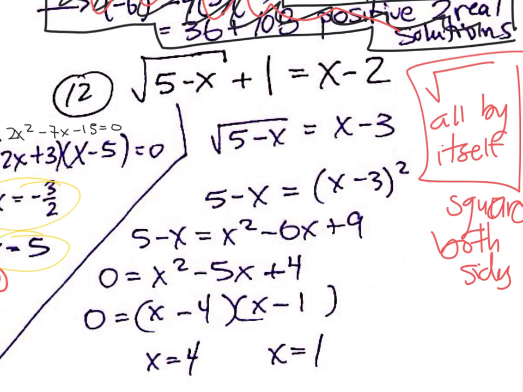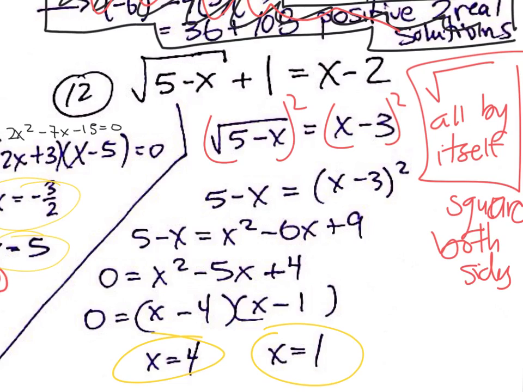The square root's all by itself. Now we can square both sides to end up with this. I multiplied out, moved everything over so that we have 0 on one side, and then factored and ended up with two solutions. I know that was quick, but that's how that works.